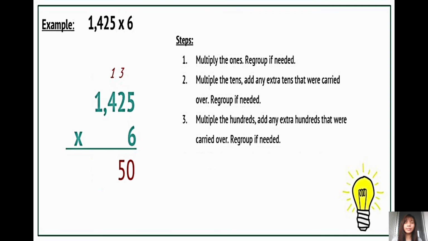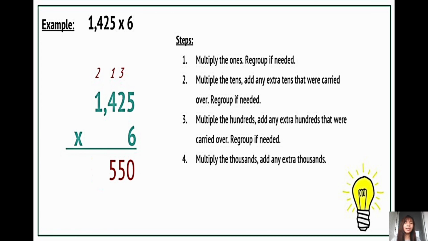Okay, next step, multiply the hundreds, add any extra hundreds that were carried over, regroup if needed. So 4 times 6 is equal to 24, plus 1 here, 25. So write 5, carry over 2.